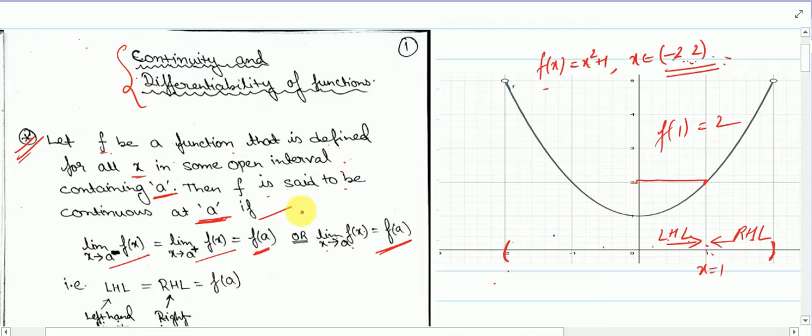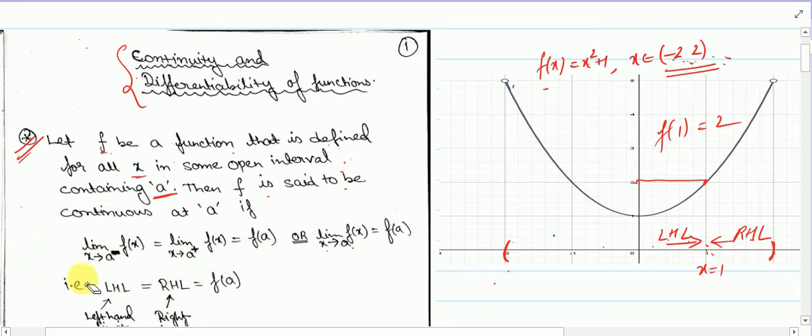So that is what it is trying to say, that if you are looking for continuity at x equal to a, then we will say that the function is continuous at a only if left hand limit is equal to right hand limit is equal to f of a.